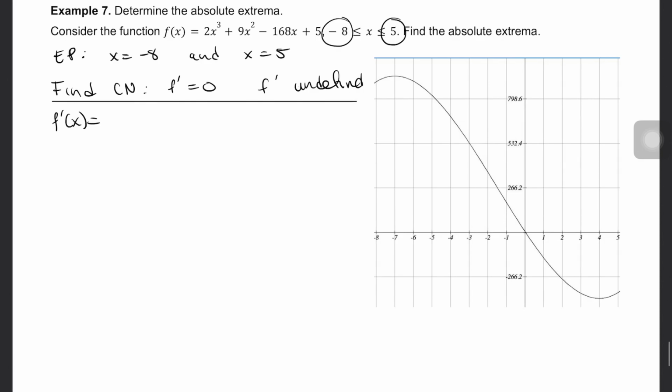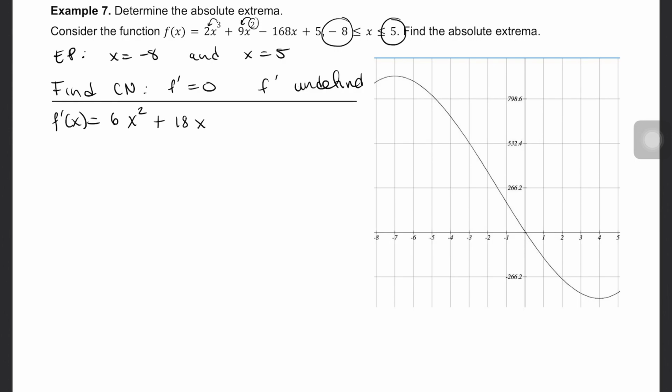For the first term, we have 2x cubed. The derivative of 2x cubed is 2 times the power of 3, so it will be 2 times 3 is 6 times x raised to the power of 2, followed by the plus. Same thing here: bring the power down, multiply it by 9, that gives us 18 times x, and then subtract 1 from the power.